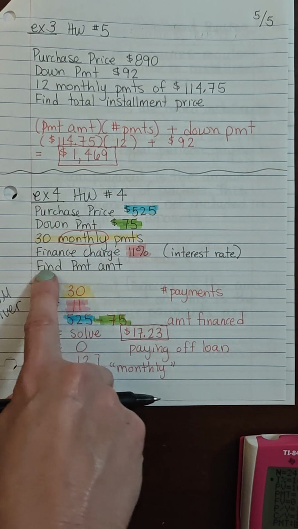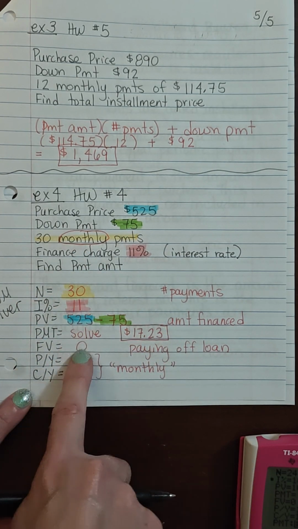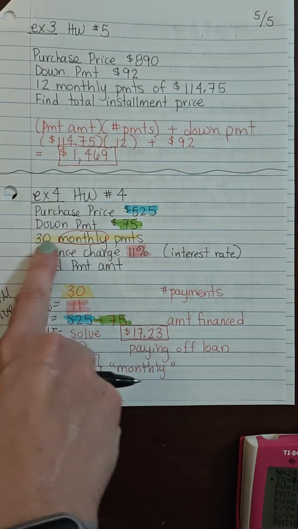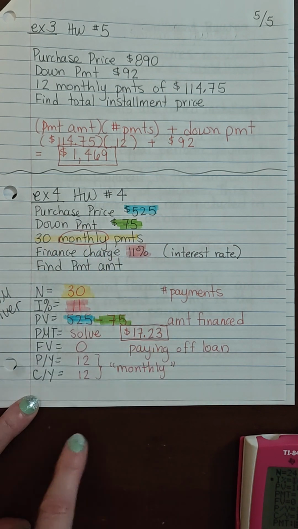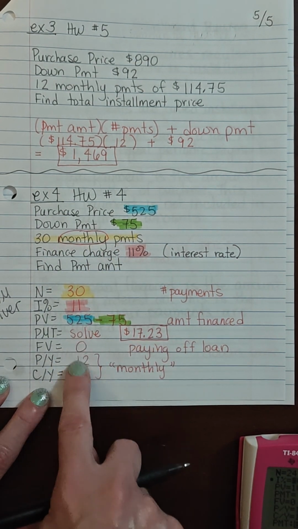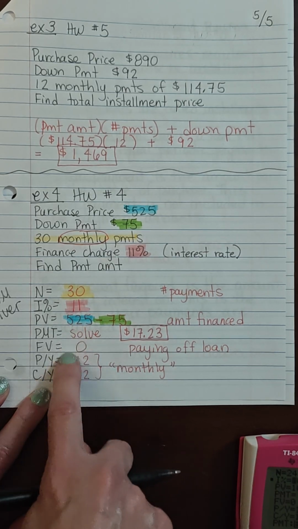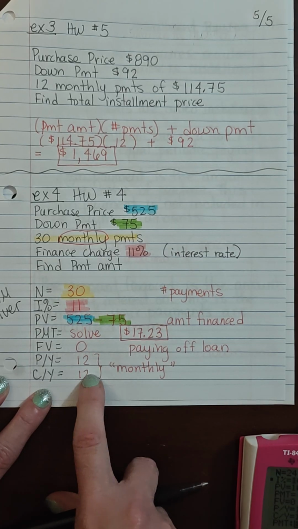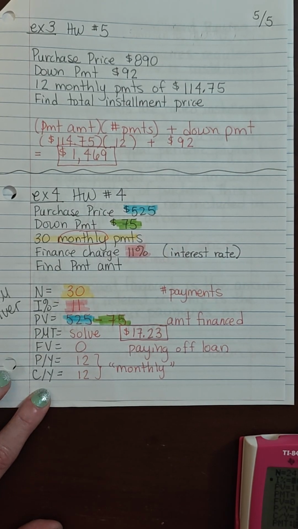I'm solving for payment because it says find the payment amount. My future value is 0 because I'm paying off the loan. And then because it says monthly right there, that's why these are going to be 12. You're going to see that this last stuff here is pretty much going to stay fixed because a lot of these we're going to be paying things off and payments are often done monthly.